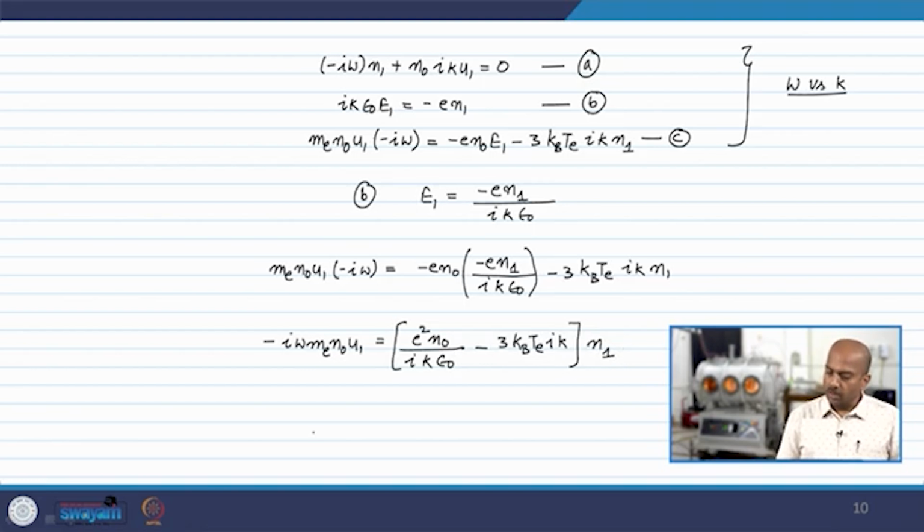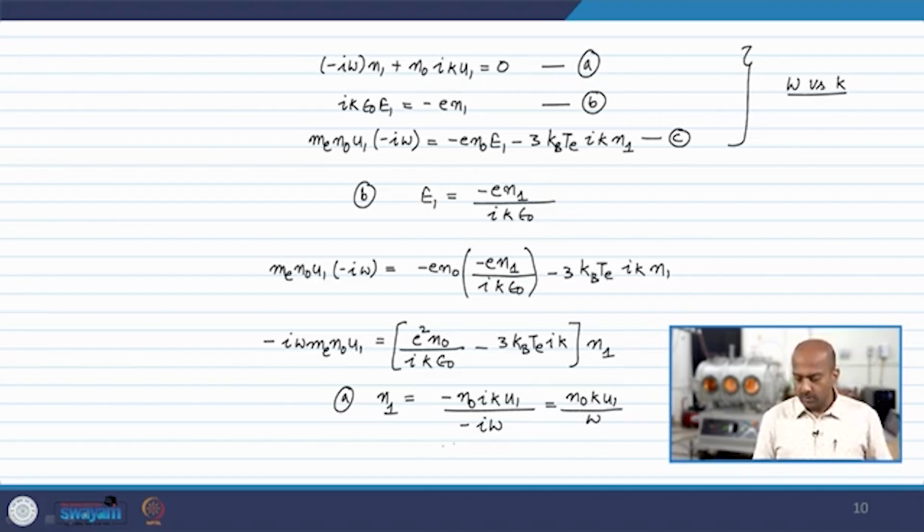Now, from equation number A, we can write n1 is equal to minus n naught I k u1 divided by minus I omega, which is equal to n naught k u1 by omega, right.